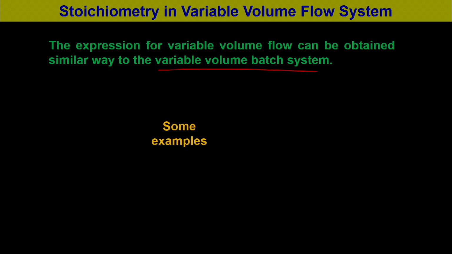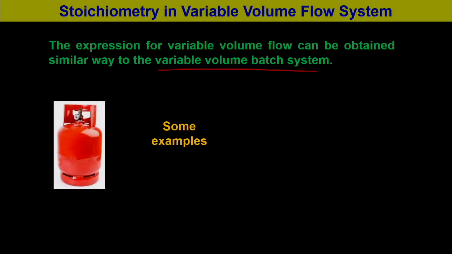Some examples of variable volume flow systems are, you can see the cooking gas cylinder fitted with a regulator. So, if you just open the regulator, the flow will start and the volume will change. The volume gradually decreases inside this cylinder.